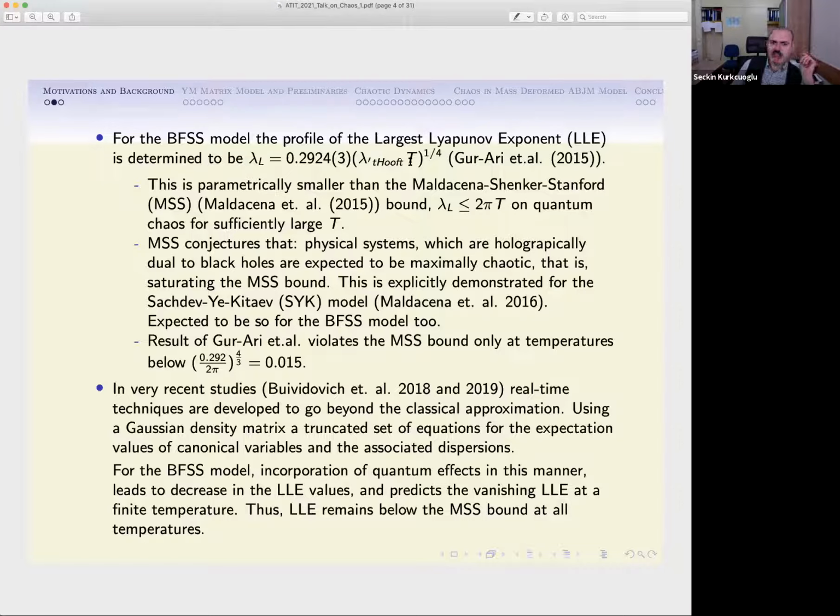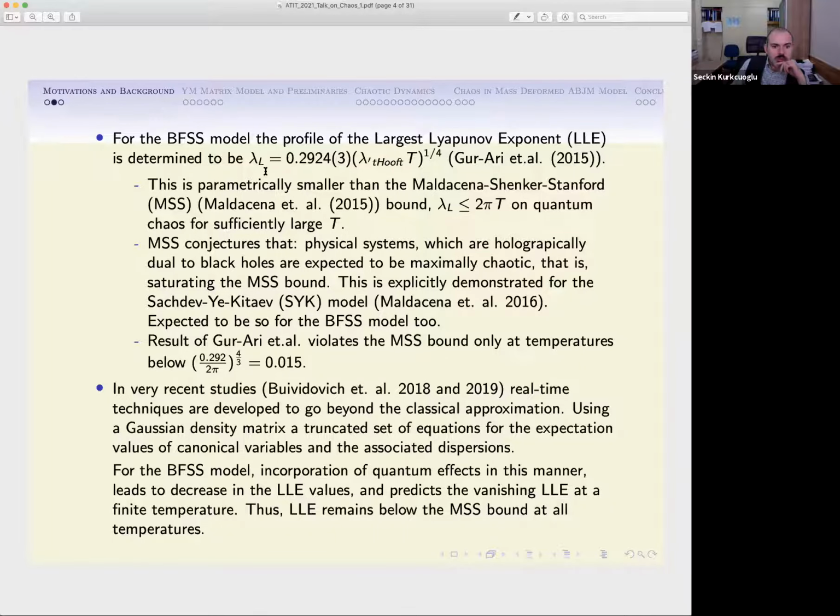So it goes like T to the power 1/4. I have explicitly written the 't Hooft coupling here, but in both this paper and ours, we will rescale all the dimensionful parameters in the model so that we can effectively set the 't Hooft coupling to unity.